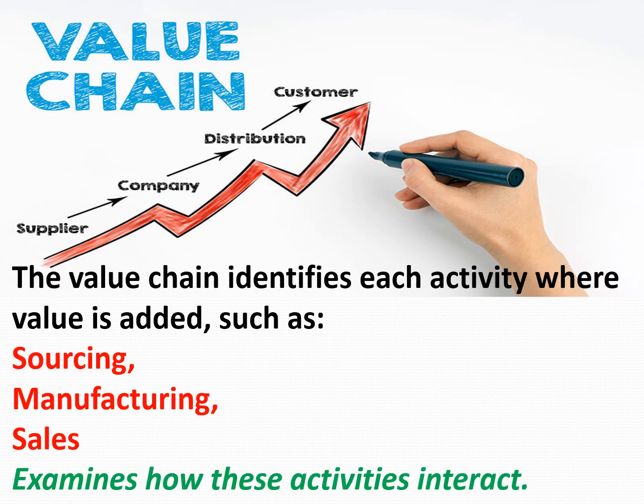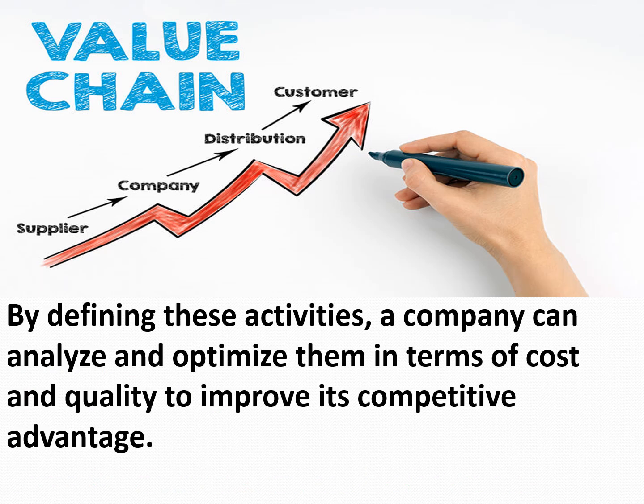So in this model, we identify each activity where value is added, such as sourcing, manufacturing, sales, and then examine how these activities interact among themselves. And by identifying these activities, a company can analyze and optimize them in terms of cost and quality to improve its competitive advantage.